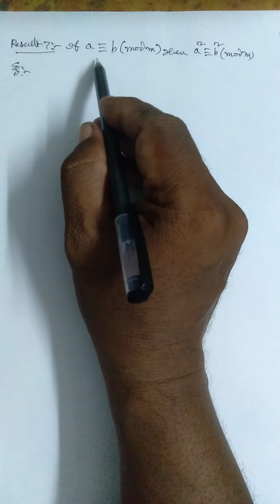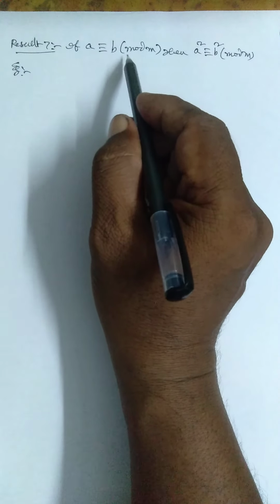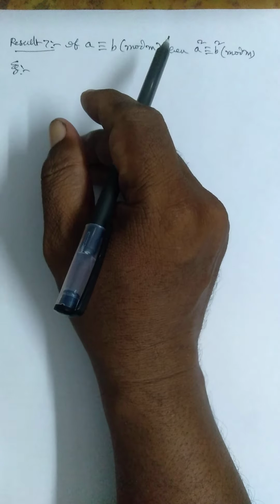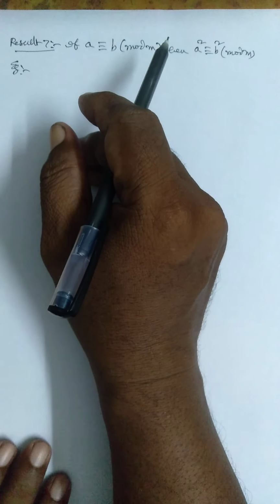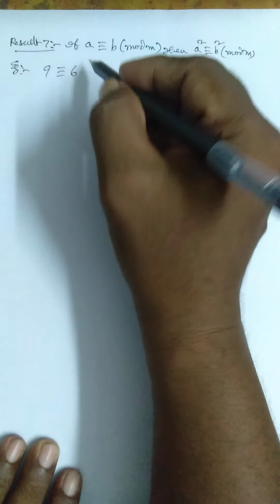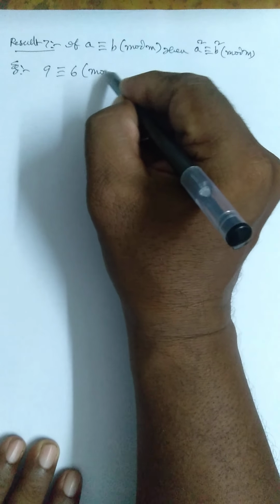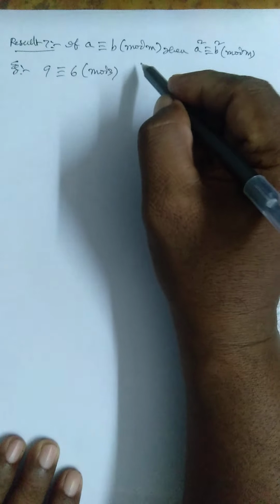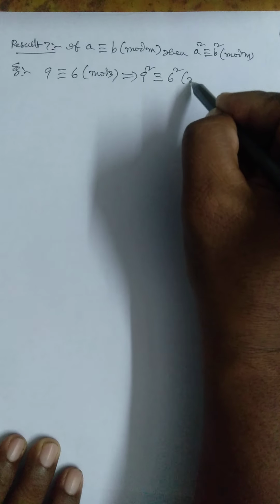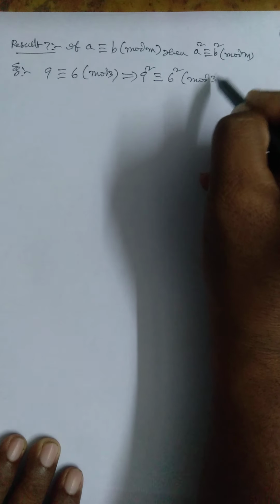Result 7: if a is congruent to b mod m, then a square is congruent to b square mod m. Example: 9 is congruent to 6 mod 3 implies 9 square is congruent to 6 square mod 3.